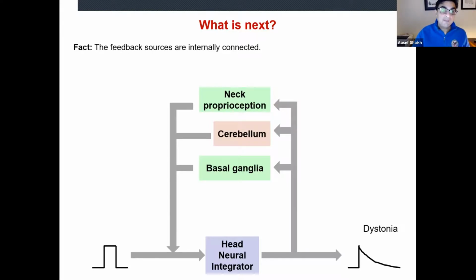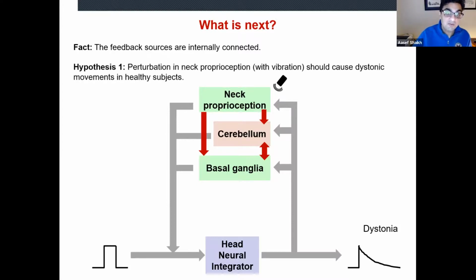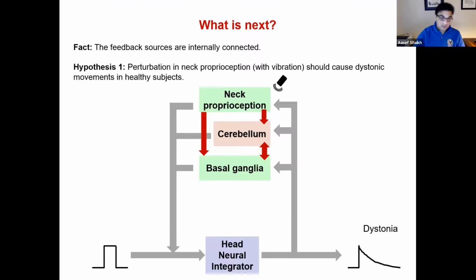And these sources of feedback are also connected with each other, right? So the first thing that we did is we vibrated normal people's necks. And by vibrating normal people's necks, we asked whether we can create the dystonic eye movements in healthy subjects.